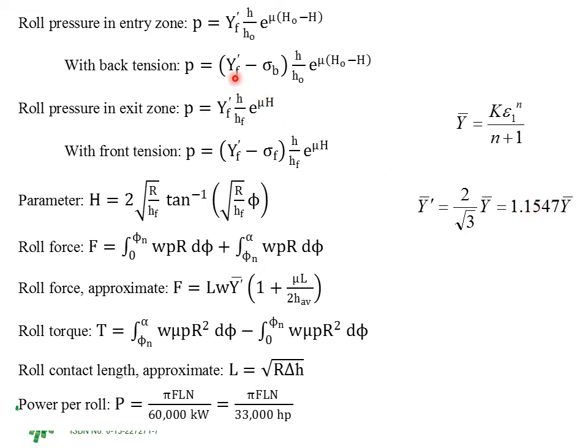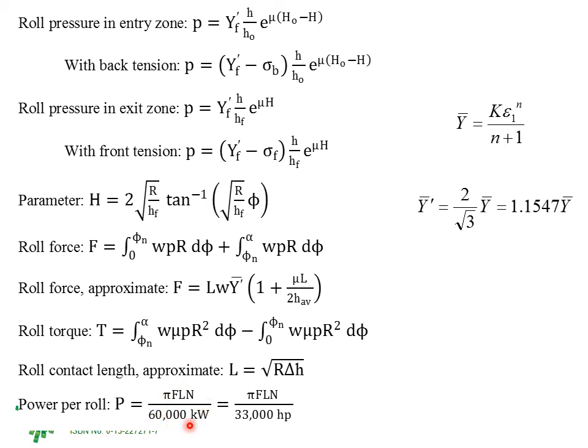So whether you have to use Yf or whether you have to use y bar, if you have to use the dash, the plane strain version, then just multiply that Yf or that y bar by 2 upon root 3 or 1.155. So all the equations are here.